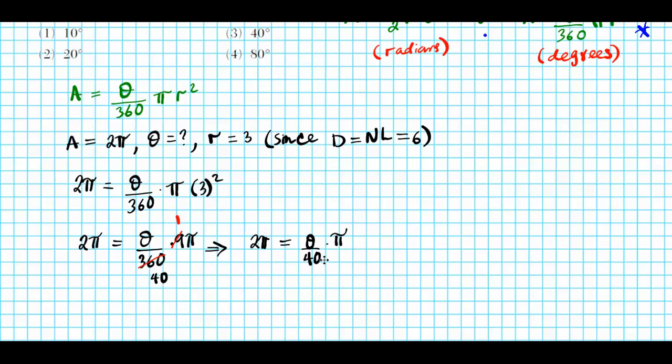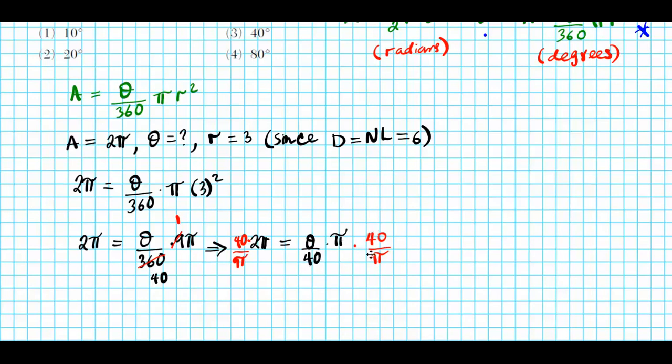Now how do we get theta by itself? We can multiply both sides by the reciprocal, 40 over pi. Why am I doing that? Well, I have 40 down here, so if I multiply by 40, that cancels.